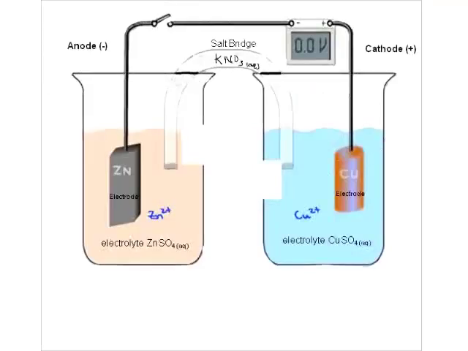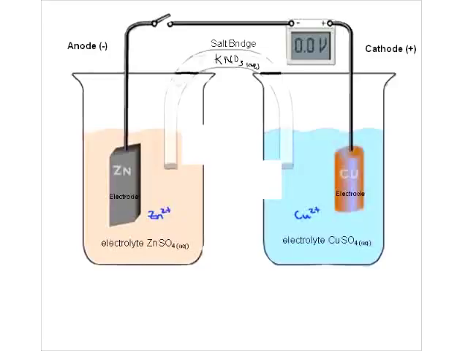Okay, let's go and look at what's going on with this very same electrochemical cell. So we're looking at this and we're saying, all right, in one of these containers we're going to see oxidation. The oxidation is going to occur in the zinc electrode.